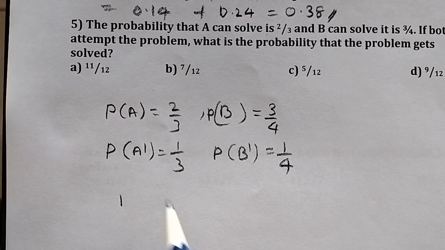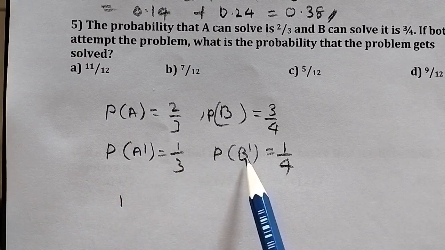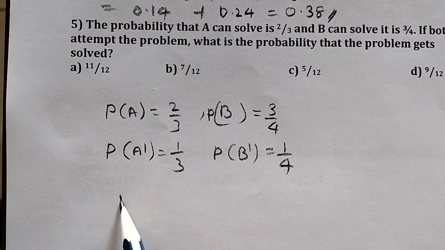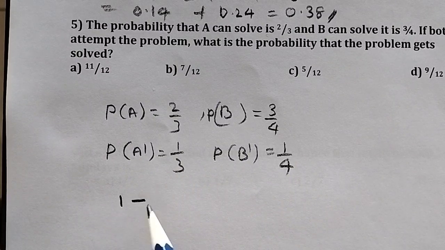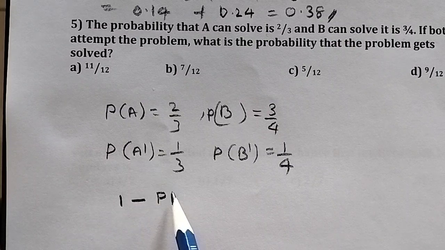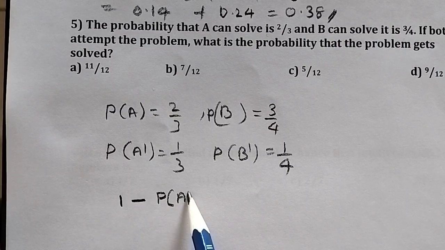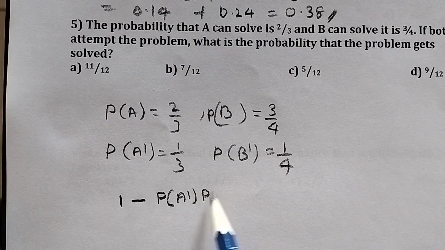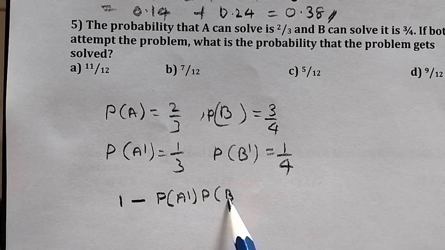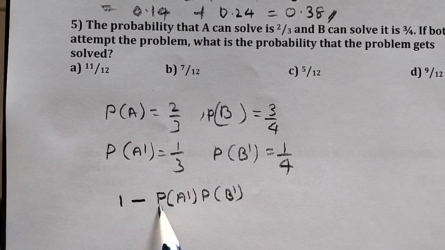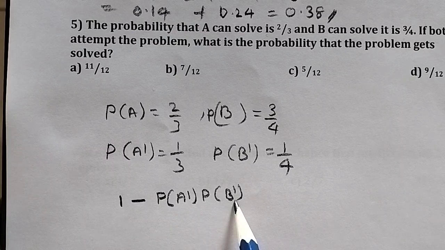Okay, so these are the values of P of A bar, P of B bar. Now, it is enough to find the total probability minus the case where none of those two are solving the problem. So both are not solving the problem in the case of P of A dash into P of B dash.